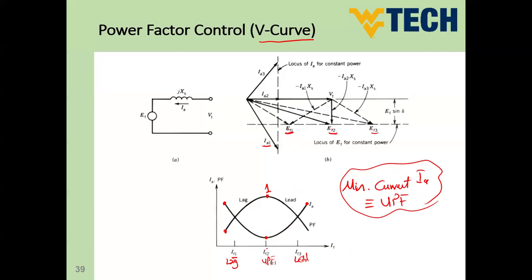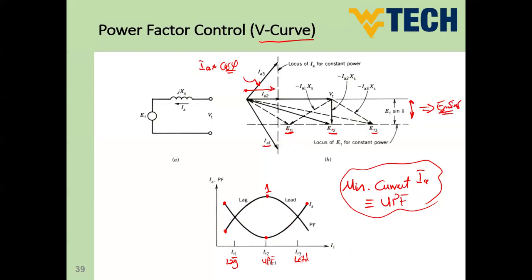Actually, if you change the loading condition, which means change this value or that value, this means the power of your machine, because this value here is representing IA times cosine phi, which is power factor, and this value here represents EF sine delta.